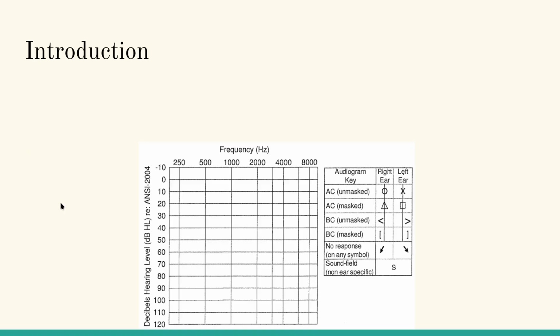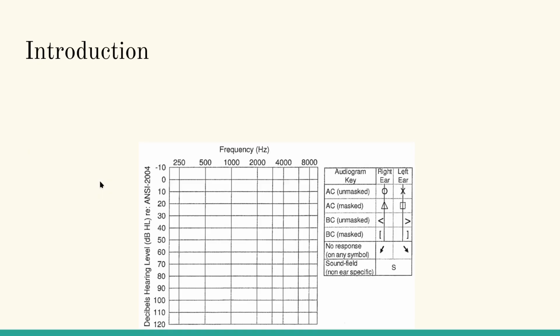The x-axis is frequency, 250 to 8,000 hertz. We often test inter-octaves, which have tick markers on them at 3,000 and 6,000 hertz, but they just don't have the label of 3,000 and 6,000, but they are often tested. 125 hertz is usually tested when low frequency hearing loss is present with a severe to mid-high frequency hearing loss.